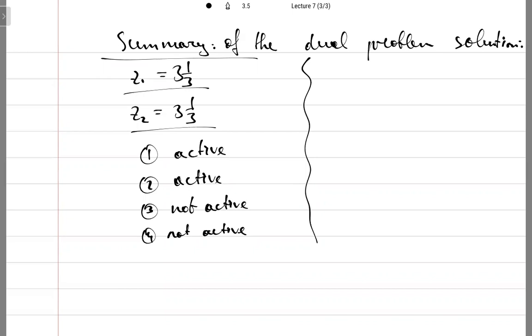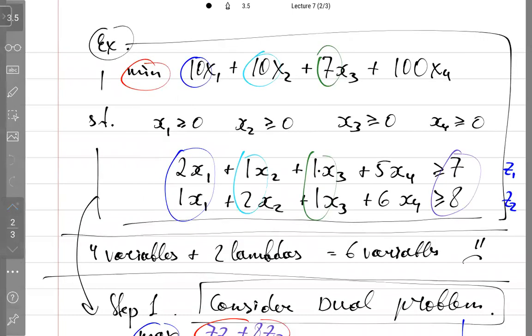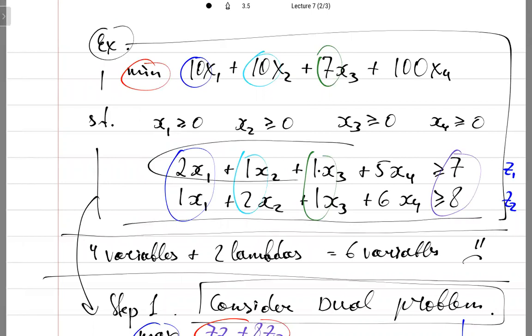Lambdas in the dual are variables in the original. So what is z1? It is a Lagrange multiplier. What is the role of z1? z1 is a Lagrange multiplier for which inequality? For the first inequality.